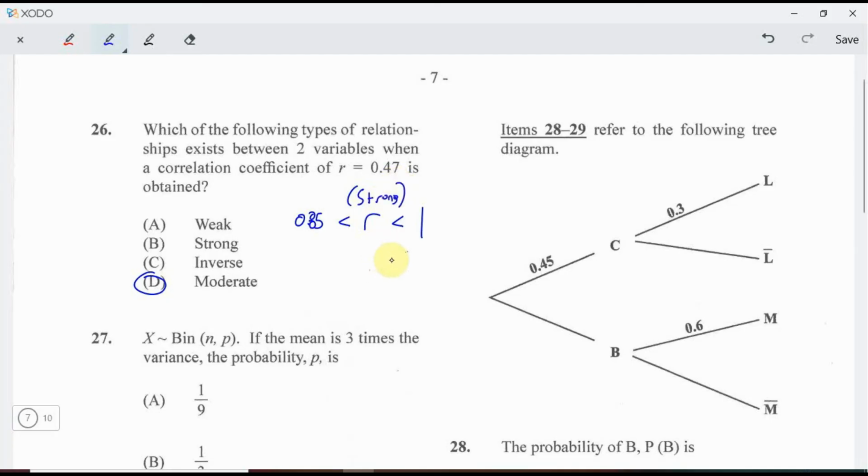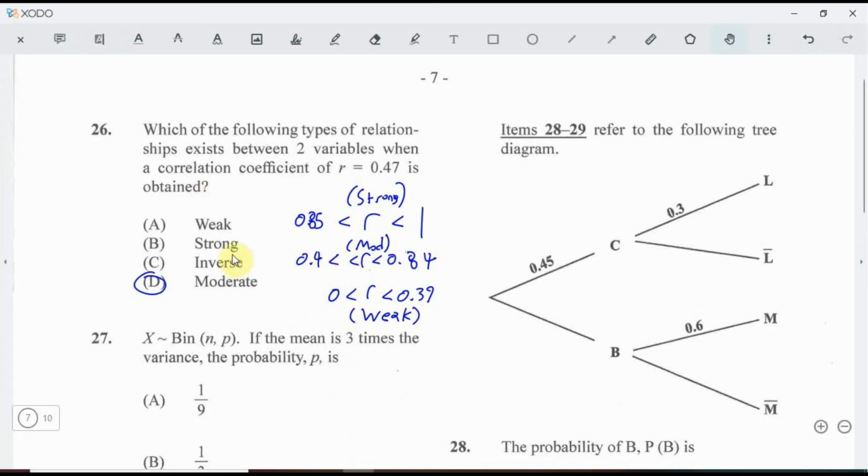Then moderate is going from 0.84 down to greater than 0.4. When R is between 0 and let's say 0.39, then we'll say it is weak. These are all positive correlations. The same can be said if they were negative values. But this is just moderate correlation, no problem.